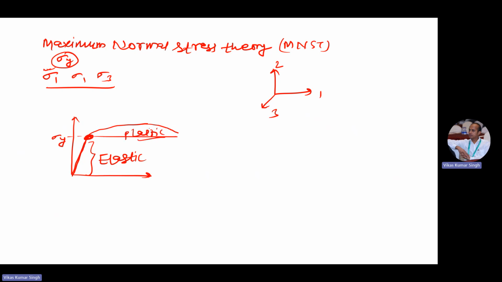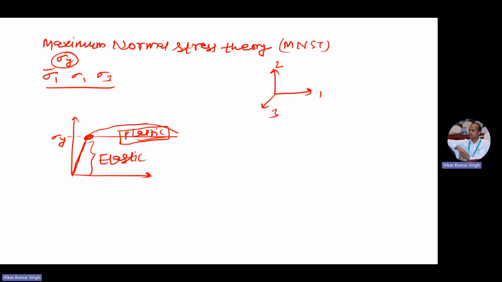In a static member, plastic deformation should not be there. Plastic deformation means your structure will lose stiffness or accuracy. Elastic deformation means that when you remove the load, it will recover the original shape.